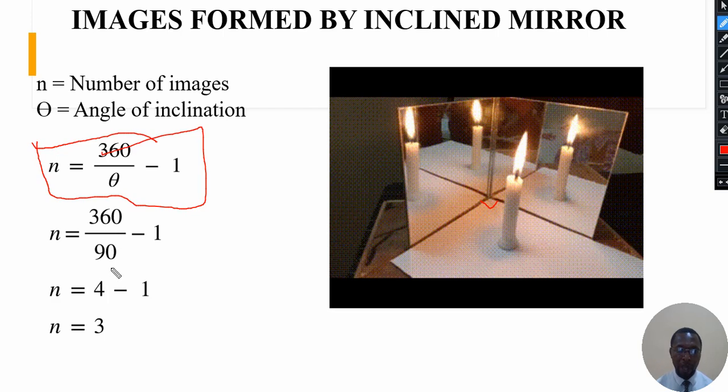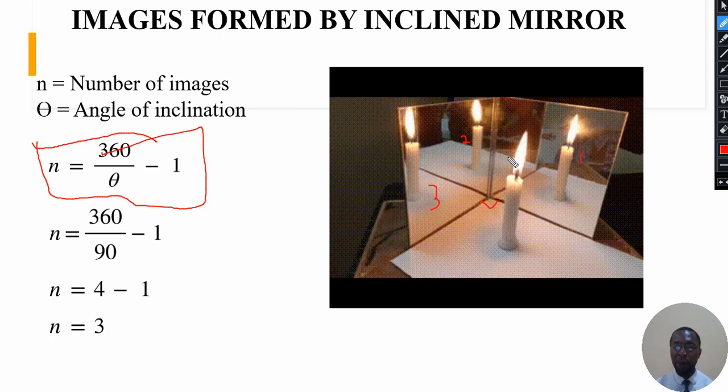And when you divide 360 by 90, you have 4. So 4 minus 1, that's 3. And that gives us exactly 3 images that were formed. This is the first one, the second image is formed, and this is the third image. Okay?